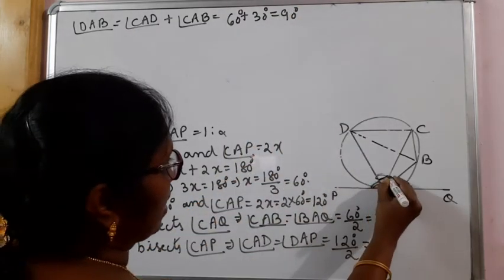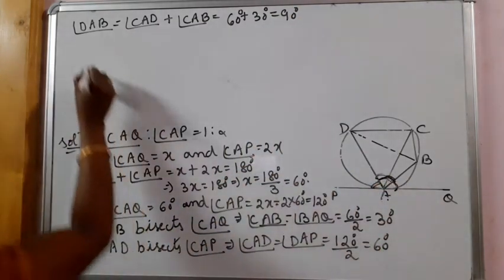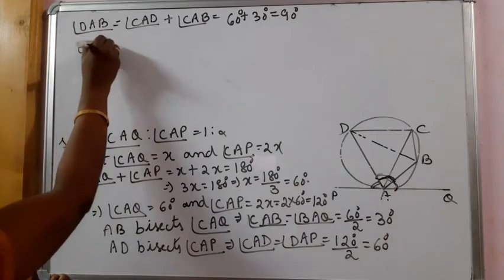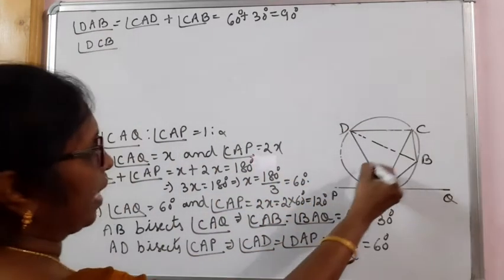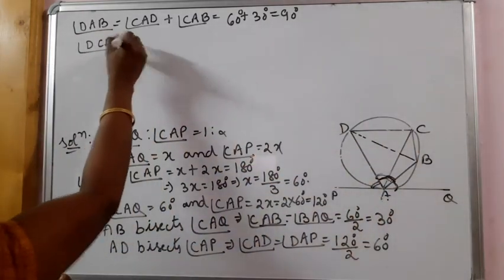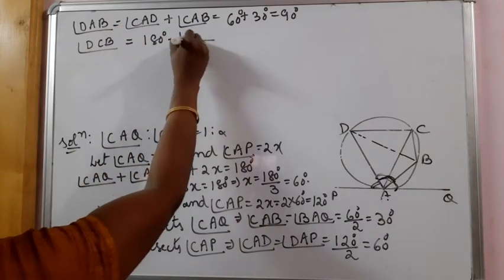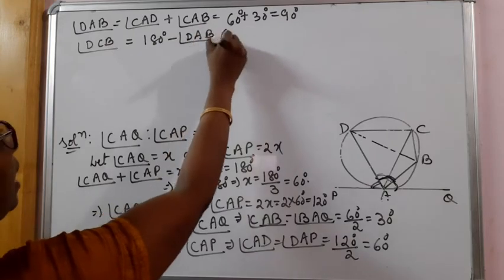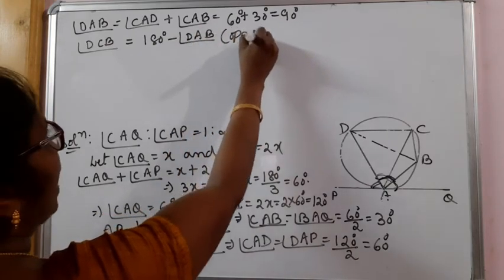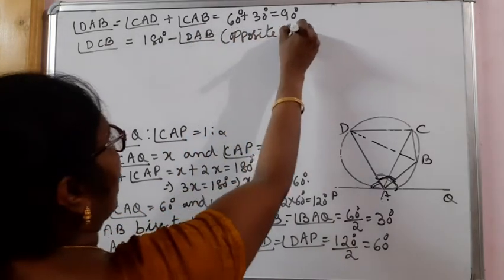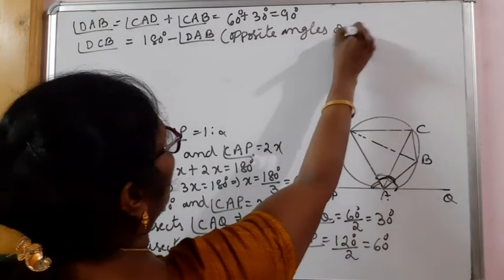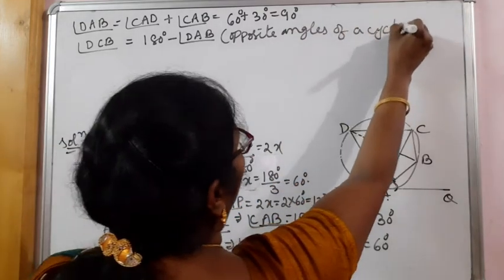So we got this angle as 90 degrees. If angle DAB is 90 degrees, angle DCB is opposite of this angle, opposite of the cyclic quadrilateral. Angle DCB is 180 minus angle DAB because they are the opposite angles of a cyclic quadrilateral.